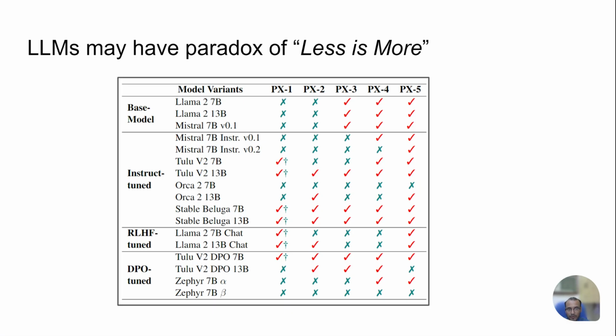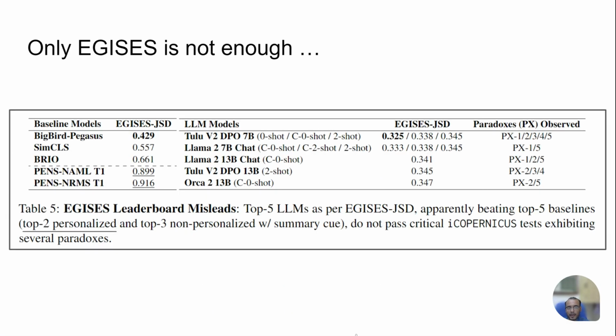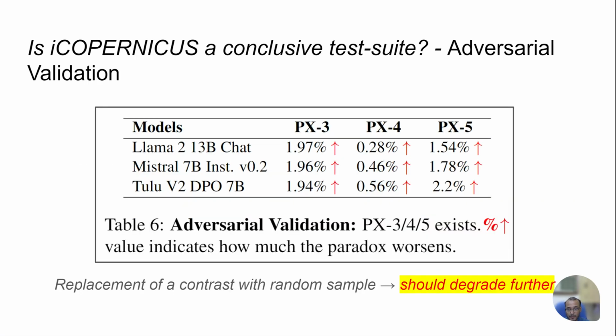And the most interesting part is that if we look at how they performed with respect to only EGISES as the leaderboard, then we see that the best performing models are actually showing all the paradoxes, which makes it very clear that standalone personalized summarization, or rather standalone personalization measures, are not going to work when it comes to understanding ICPL capability.